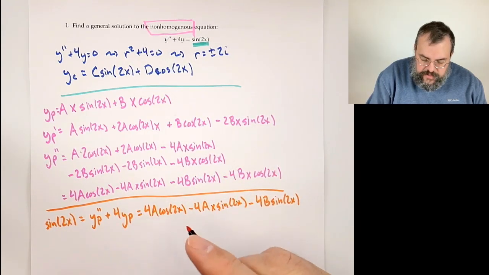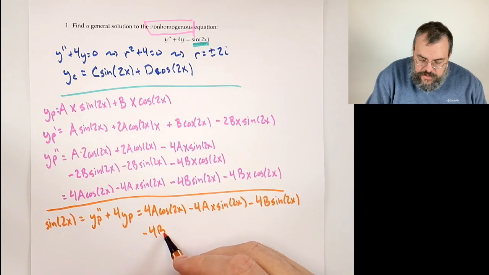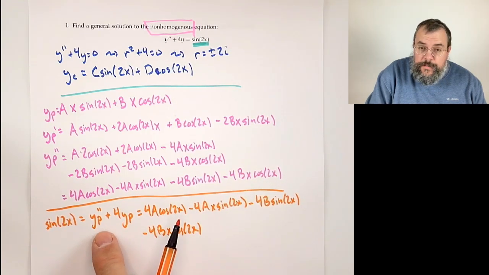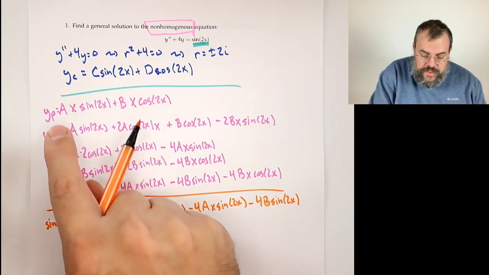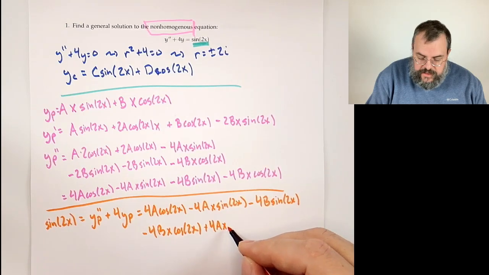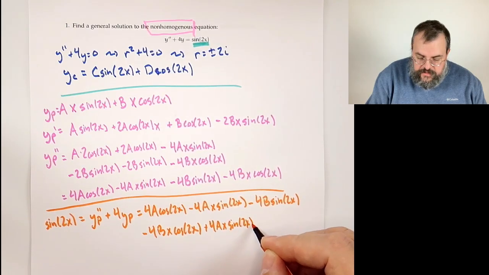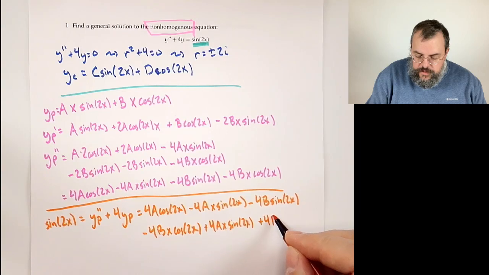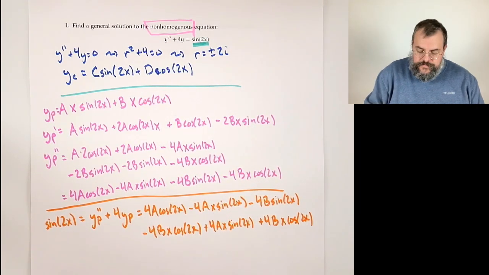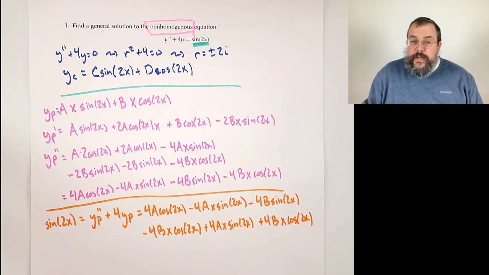I'll just keep going on the next line. Minus 4bx cosine 2x. Okay, that's the yp double prime. 4yp, so I'm just going to multiply everything by 4. Plus 4ax sine of 2x plus 4bx cosine 2x.